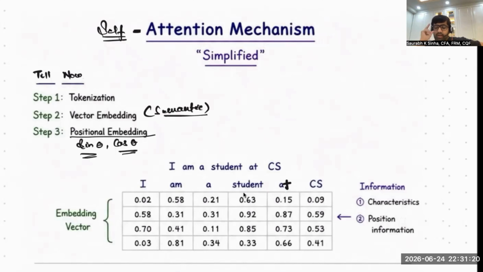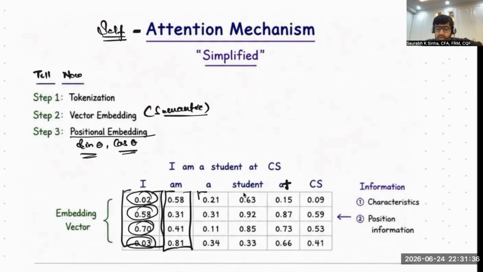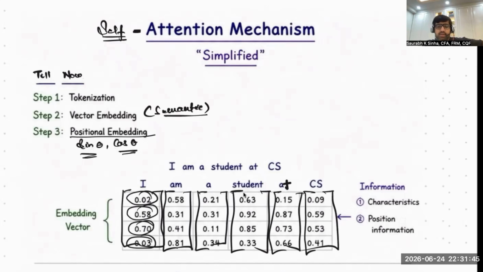Now assume the sentence is "I am a student of CS." Then what we know till now is that we have the vector embedding of each token or each word. These are those vector embeddings. What information does each vector have?